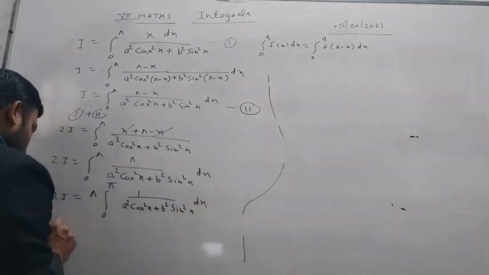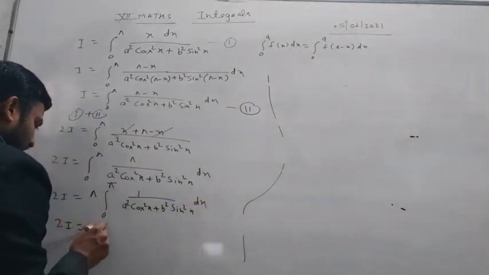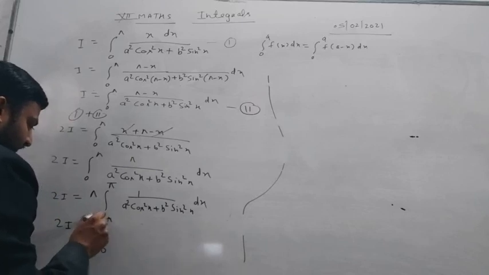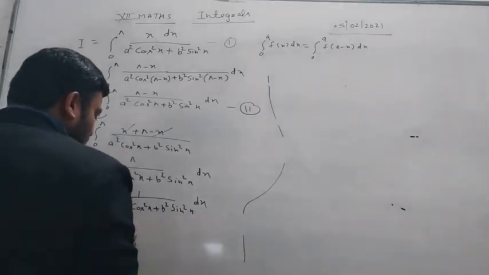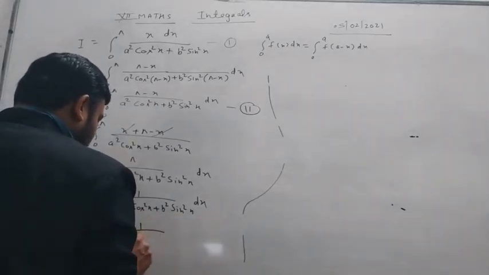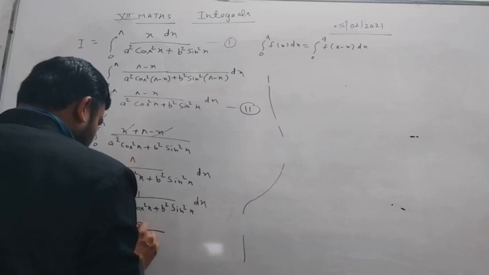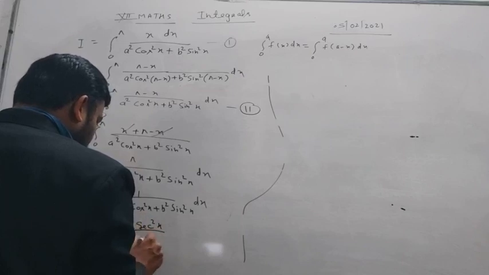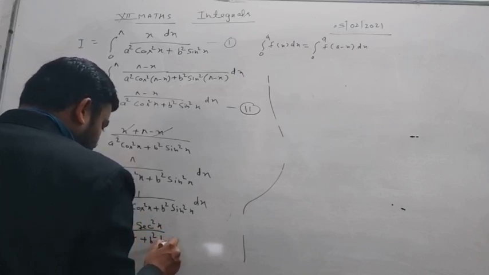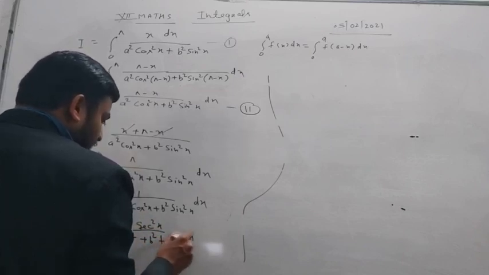Okay, so students, 2I is equal to pi times integral from 0 to pi, and dividing by cos square x, we can write sec square x by a square plus b square tan square x dx.